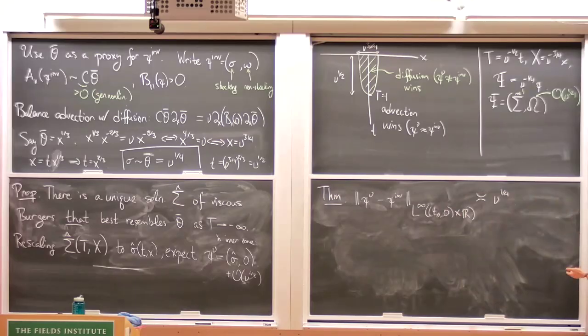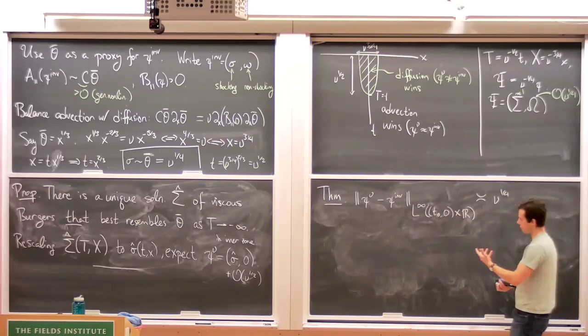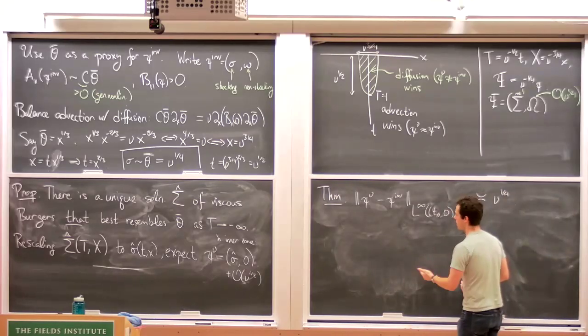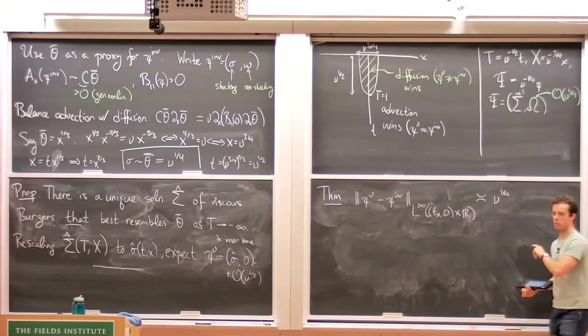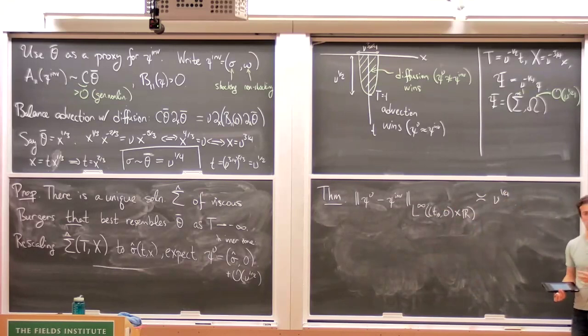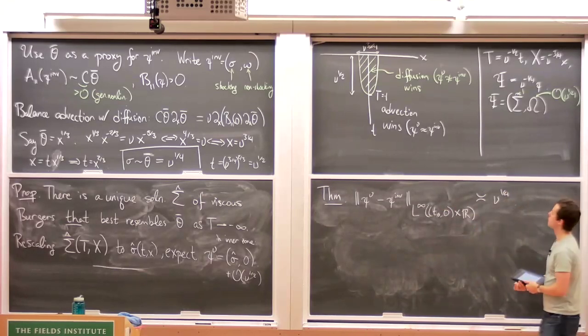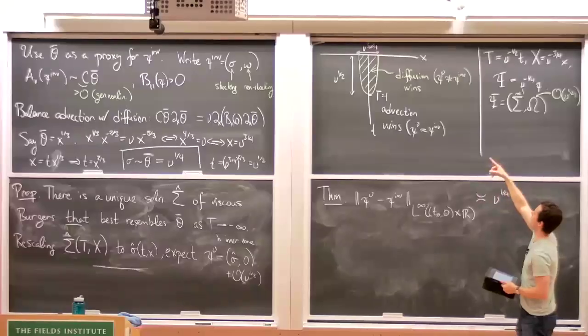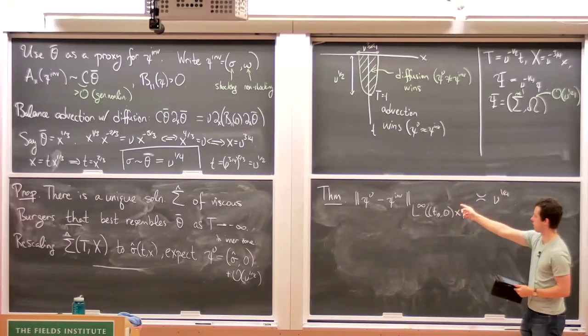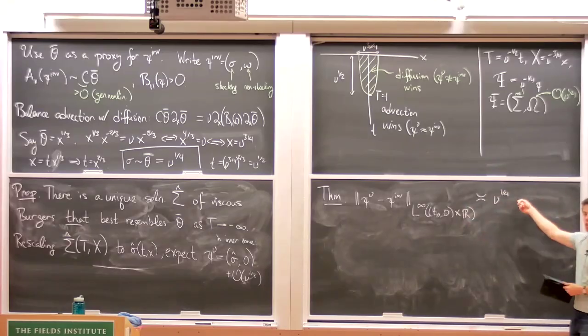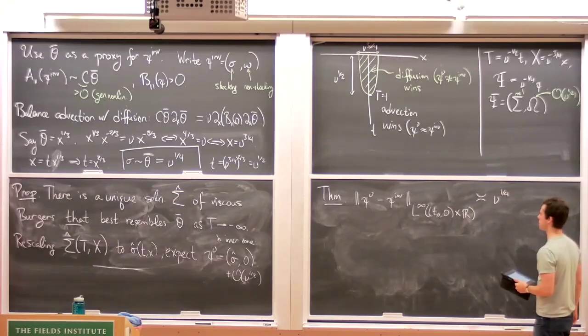So the vanishing viscosity rate in L infinity in the vicinity of gradient blowup is bounded from above by nu to the 1/4, and it's also bounded from below by a factor of nu to the 1/4, because we haven't accounted for the diffusive behavior in the inner zone in this difference. So this is actually the sharp vanishing viscosity rate. And that will follow from the kind of complete analysis contained in our paper.